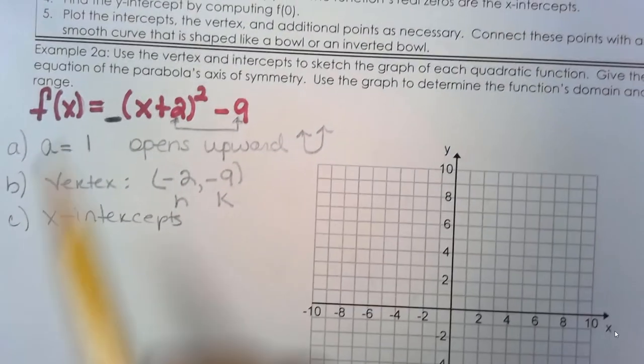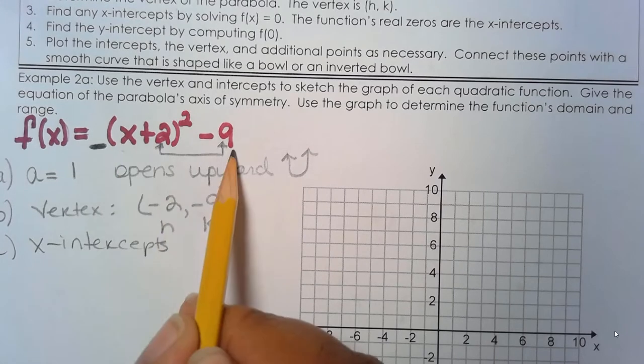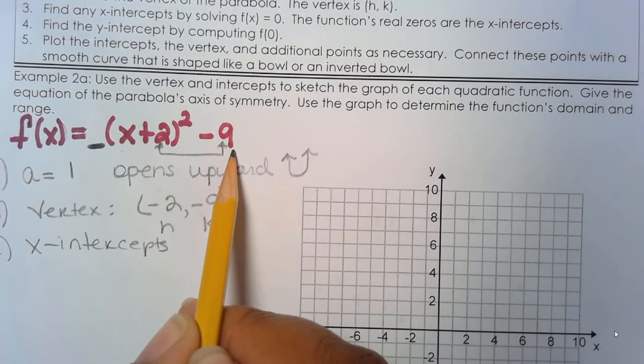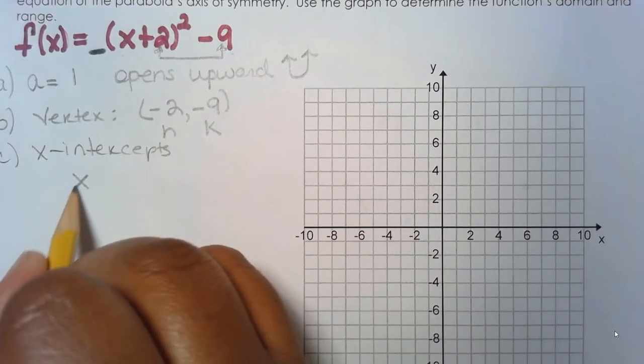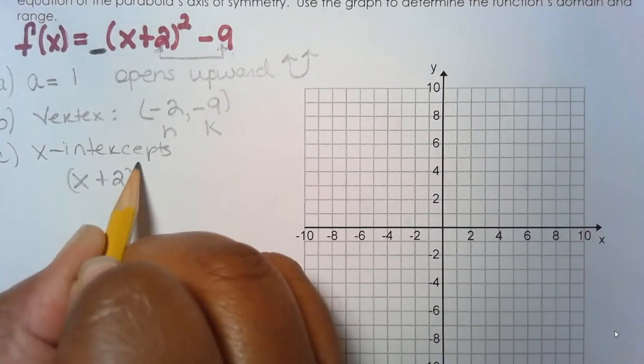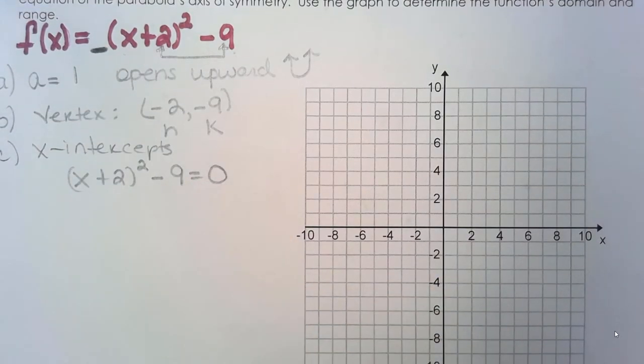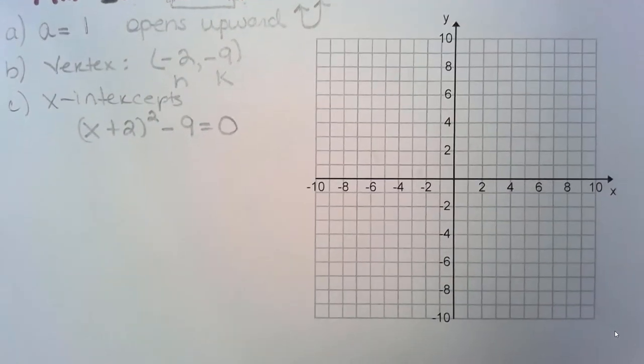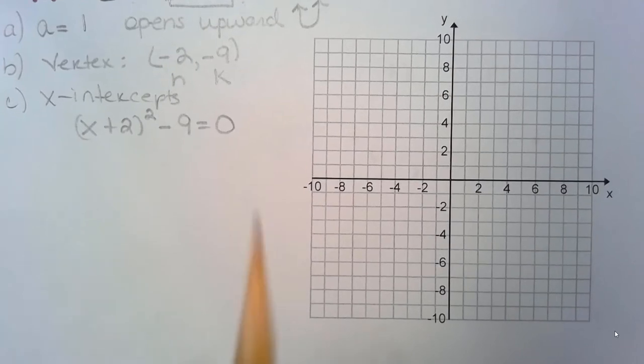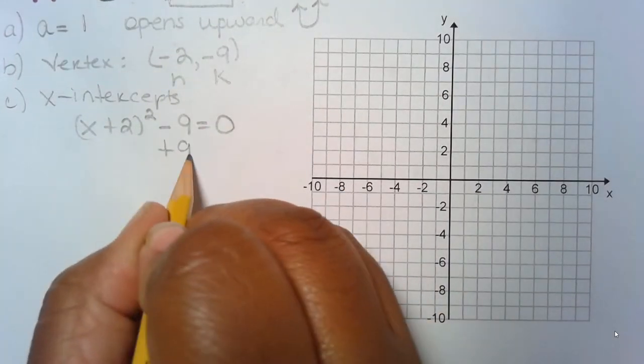We're going to set this equation equal to 0. So we have x plus 2 squared minus 9, set it equal to 0, and solve for x. How do we go about solving for x? We're going to add 9 to both sides.